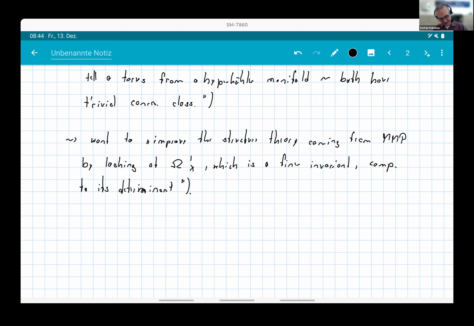So there's one important lesson that we learned from the minimal model program.